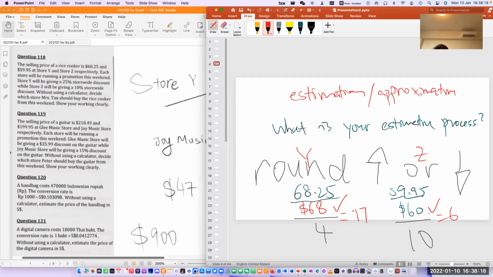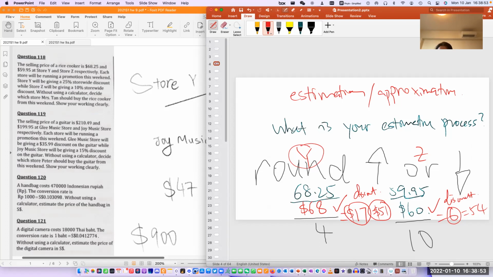This $17 is the discount, and this $6 is the discount. Then you just do 60 minus 6, and you get 54, and 60 minus 17, you get 51. Then you realize that 51 is smaller than 54, so therefore store Y offers a cheaper price.